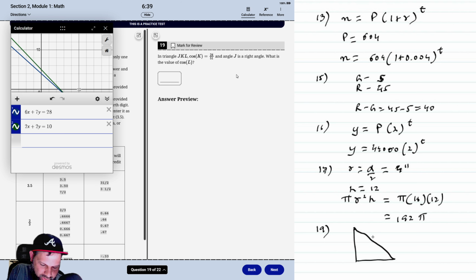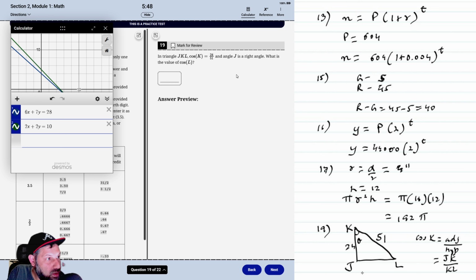Make J the right angle, and make this K and this L. This is the angle theta, or angle K, and you can make the hypotenuse 51, because cosine K is going to be equal to adjacent over hypotenuse, which is JK over KL. You can make the JK value 24.